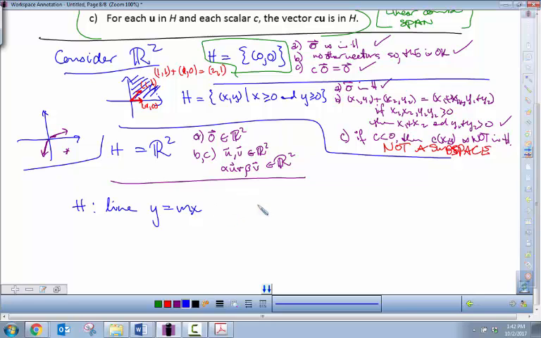If you have a vector that goes through this point, so first of all, it goes through the origin, so the first one is satisfied. 0 is in H. Now, if we have a vector u, it would have to equal something like 1 comma m, right?